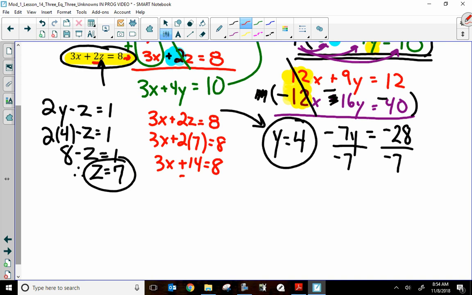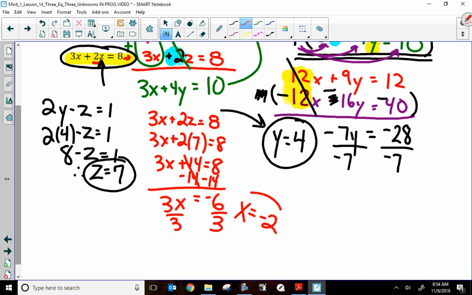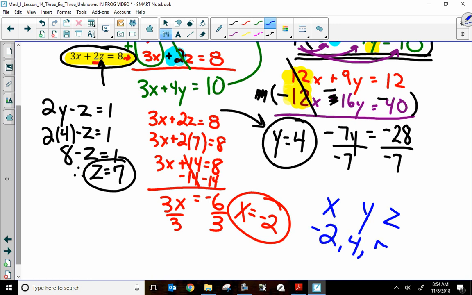And if I subtract 14 from both sides, I should get 3x equals negative 6. And if I divide by 3, x should equal negative 2. So I now have my three answers. I have my x, my y, and my z. They are negative 2, 4, and oh my goodness, 7.